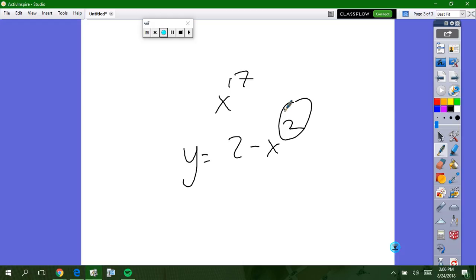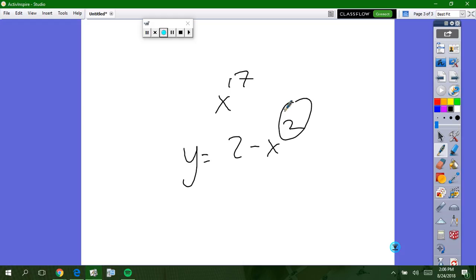A positive cubed is a positive, but then all of a sudden I have a leading coefficient that's negative. A negative times a positive is a negative. This was down because a negative number raised to an odd power should be negative, but a negative times a negative is a positive. So once again, let's go through them. What does this give me? Even number with a positive leading coefficient, correct?